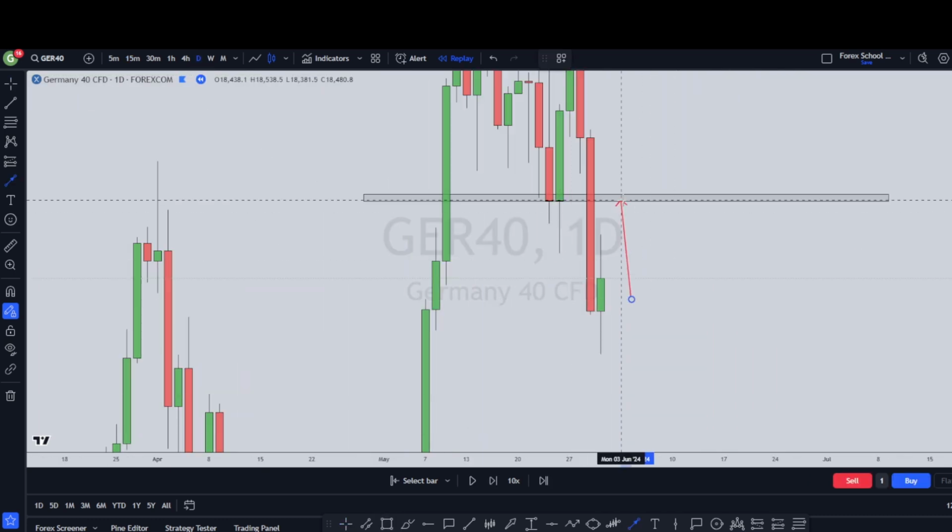So we are still targeting this daily resistance area where we are expecting this correction to come up to after the previous impulsive move to the downside.